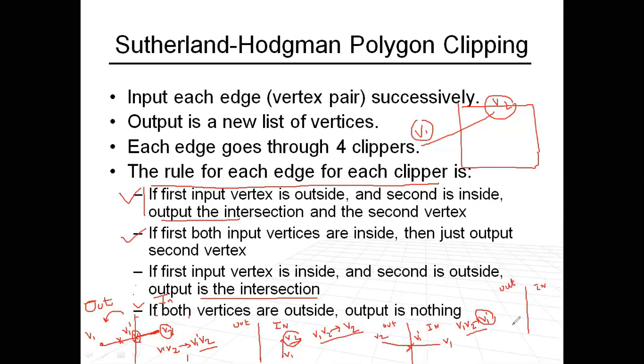Let's say this is v1 and this is v2, both lying outside the edge. Then no vertex is saved, none. It means the complete line has to be removed. Nothing is saved in that case.